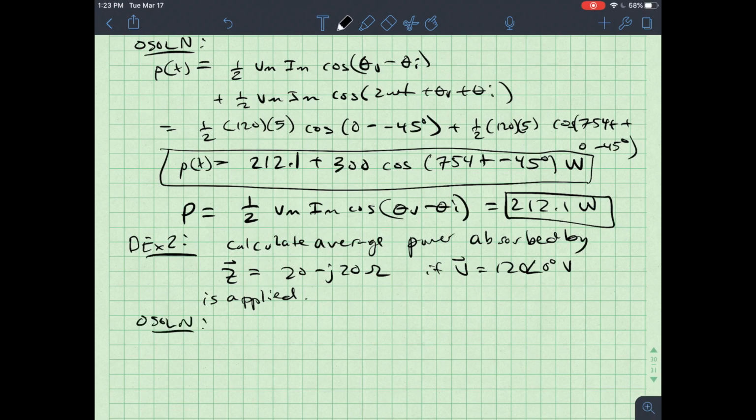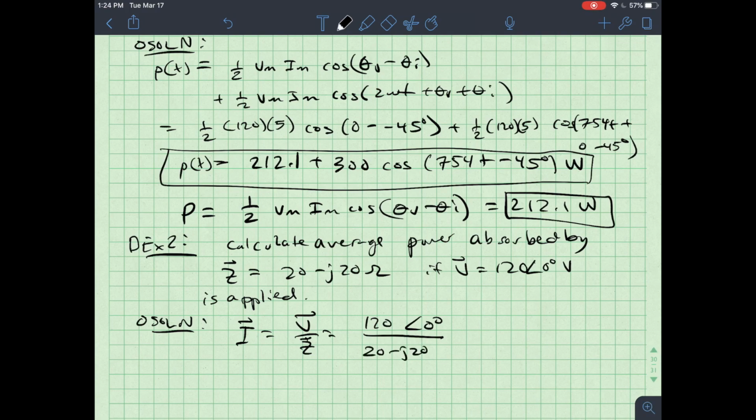Alright, so all I need to do is find I, so I can find out what theta I is and what Im is. So I is V over Z, which is 120 angle 0 degrees over 20 minus j20.